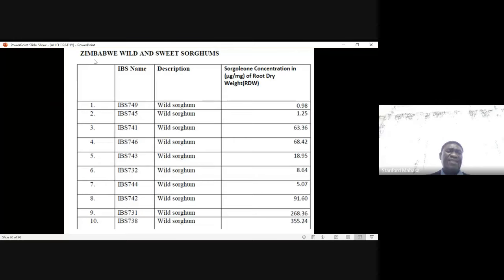He also looked at the Zimbabwe wild and the sweet sorghums in search of this sorghum. And there was this wild sorghum with high sorgoleone, but in contrast to the other wild sorghum with very little production, it appears to be genetically controlled.